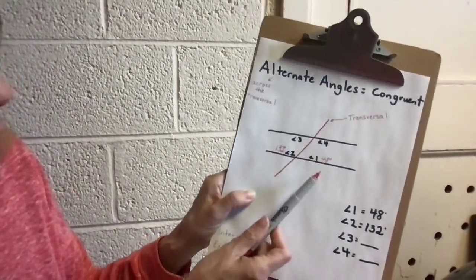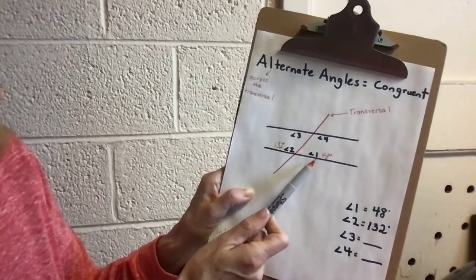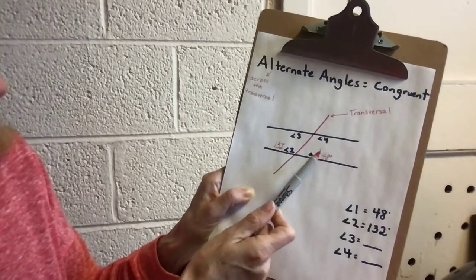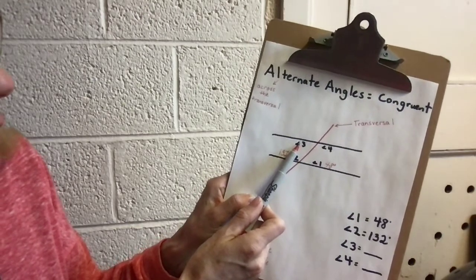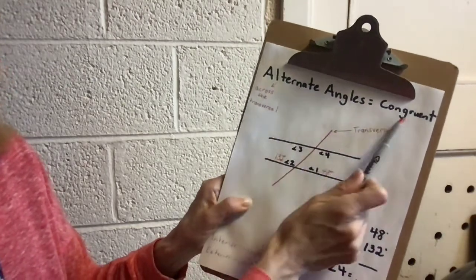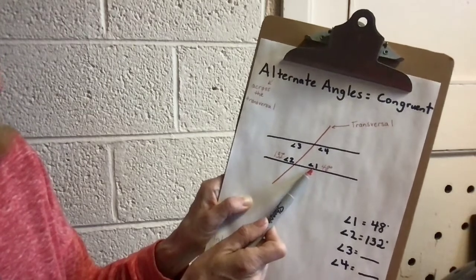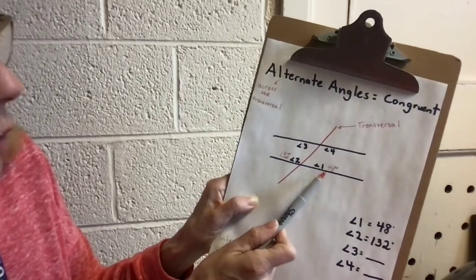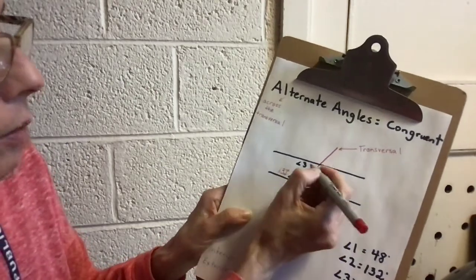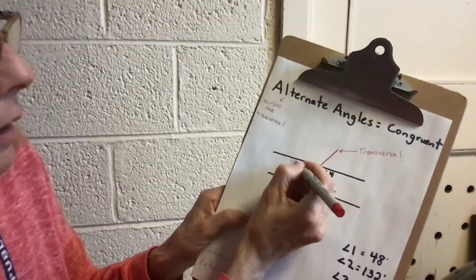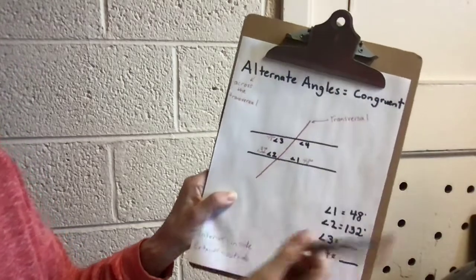So when you go across the transversal to the alternate angle, you're going to get to angle 3. Alternate angles are congruent, so the angle measure of 1 is 48, the angle measure of 3 is also going to be 48, because alternate angles are congruent.